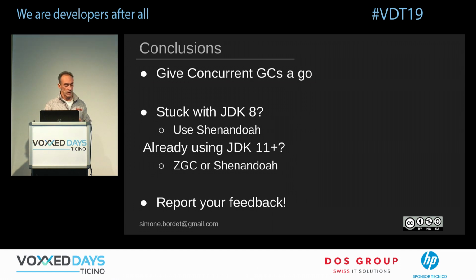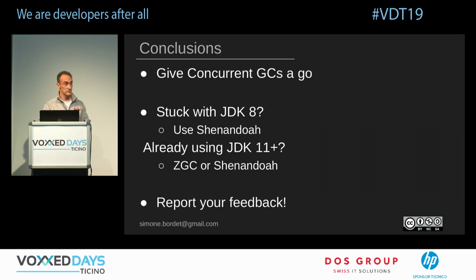And I was having pauses with G1 of around 30 milliseconds. This is a use case where most of the allocation was dying really soon, so it was a use case that was very good for G1 as well. And it was giving 30 milliseconds.